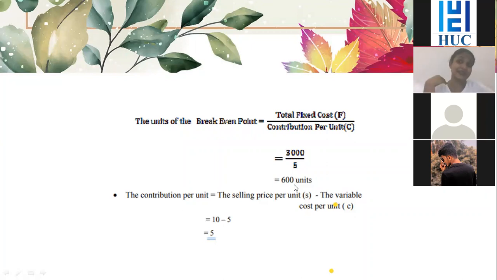If they sell exactly 600, no profit, no loss. But if the company wants to earn profit, they have to sell more than 600. That is the break-even point.